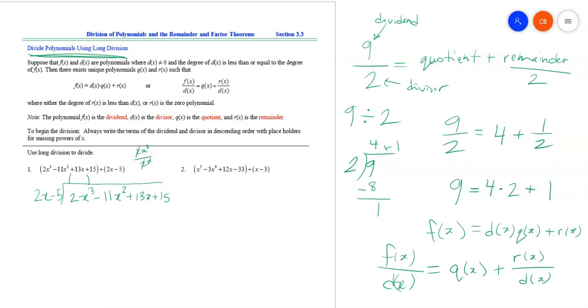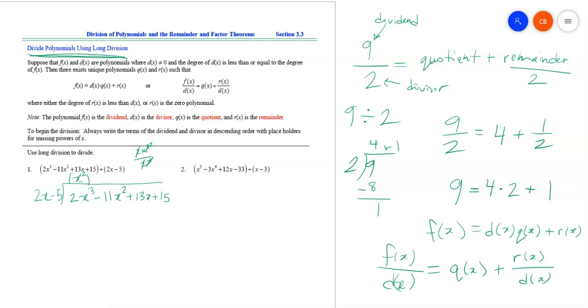Also we have 3 x's on top, x cubed, and then we have x on bottom. So one of the x's will cancel, changing it from x cubed into x squared. And you can see that it will go x squared times. The point of this is that on this next step, we need the highest power term to be canceled out. And so we'll see whether it works or not.